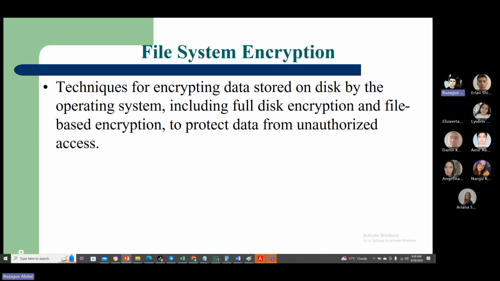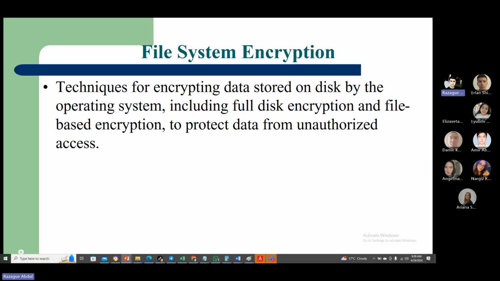So now the question is, what are the benefits of file system encryption? The first benefit is data protection. It ensures data confidentiality and security against unauthorized access, especially in the event of theft or loss of a physical device.